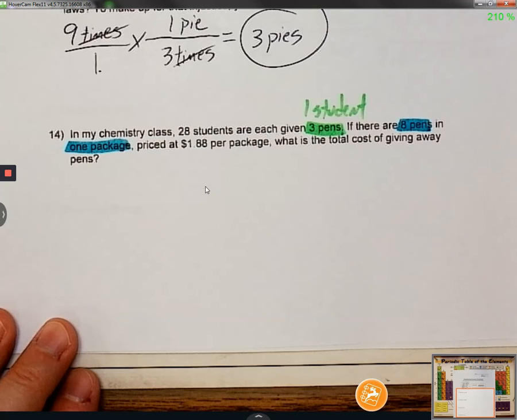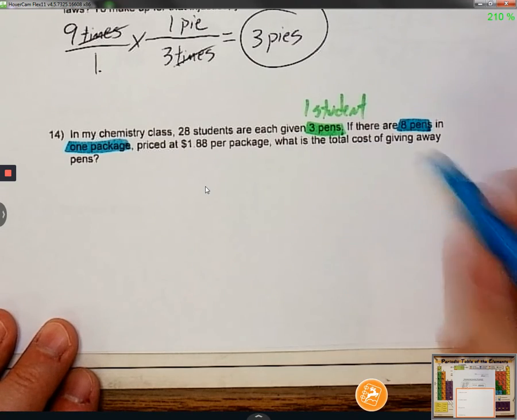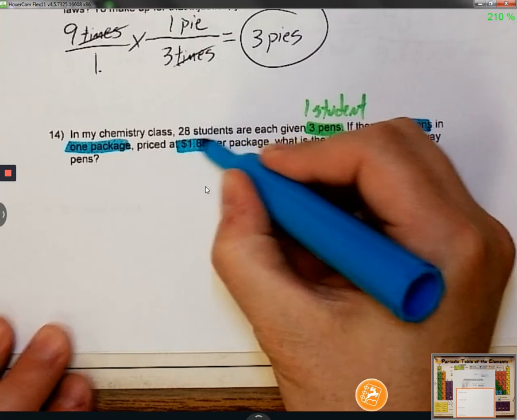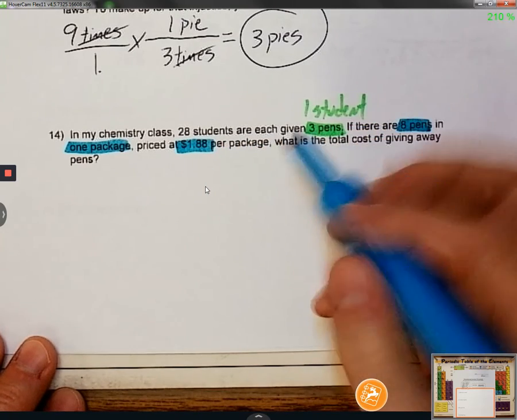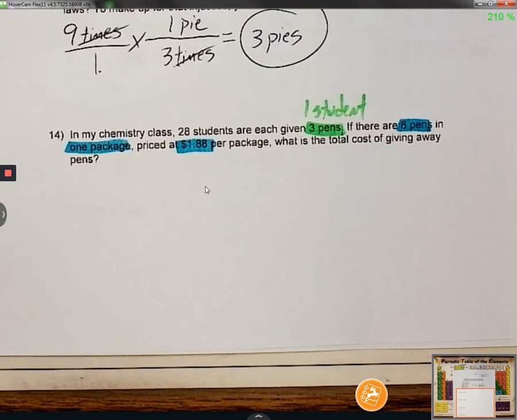Anything else? It's also $1.88 per package. So I could also say that 8 pens are equal to $1.88, right? I could jump straight to that because all 3 of those are equal to each other. So what's the only thing in that problem that does not have an equivalence? 28 students. So that tells me that's what I'm going to be starting with.